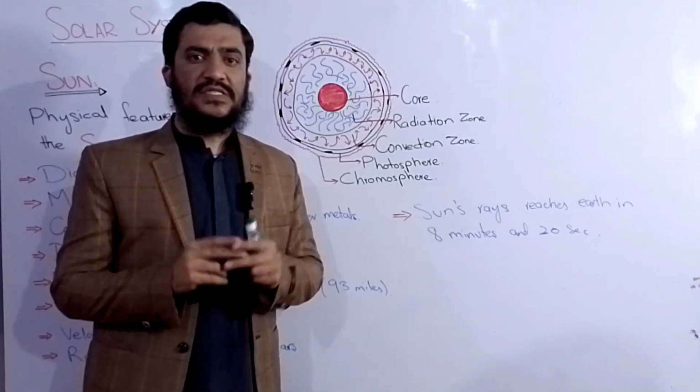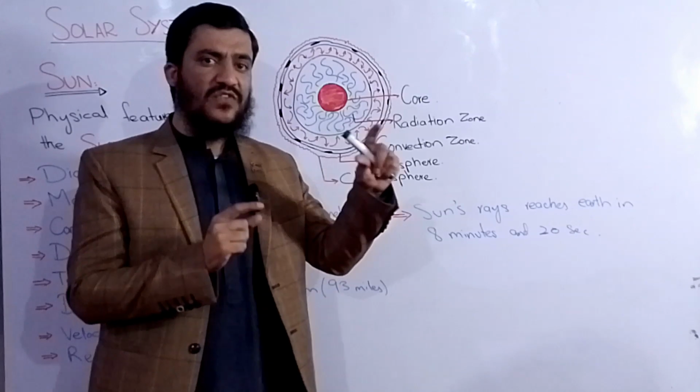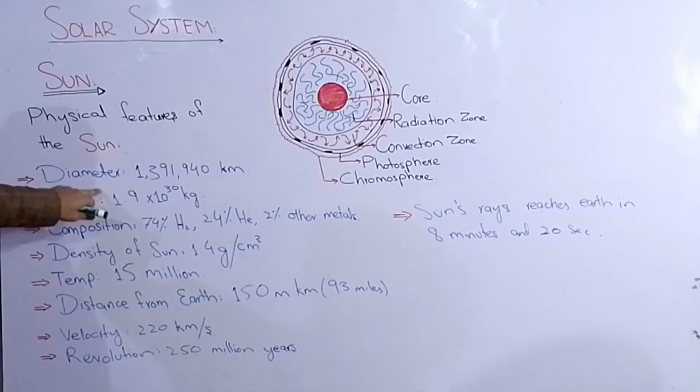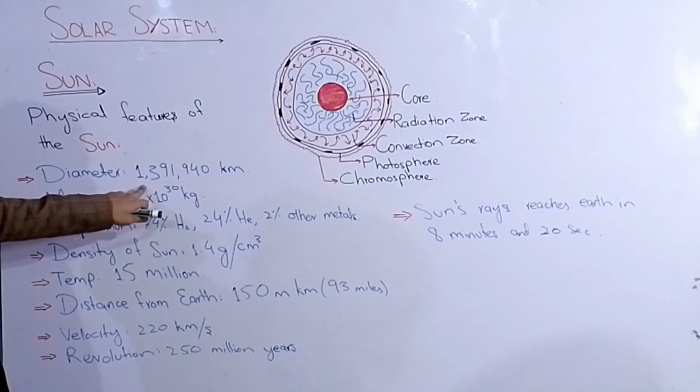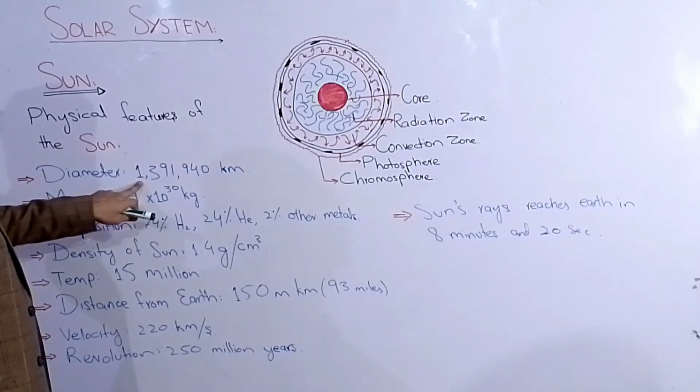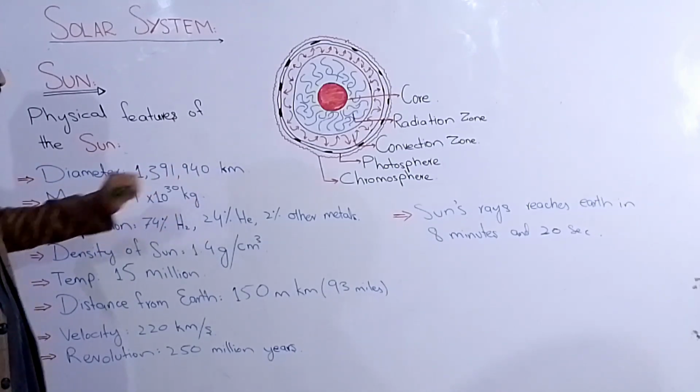So dear students, let us now have a look at the physical features of the sun. The sun has a diameter of 1,391,940 kilometers.